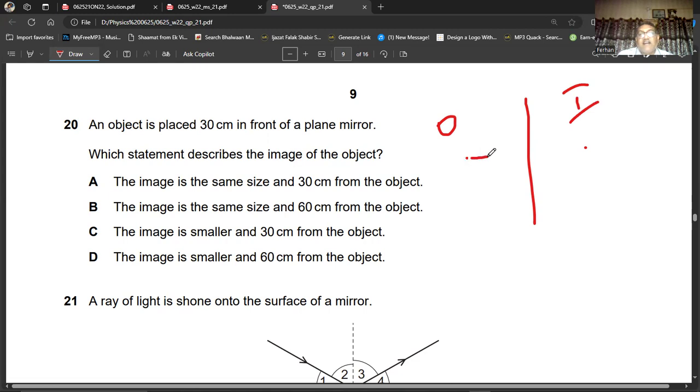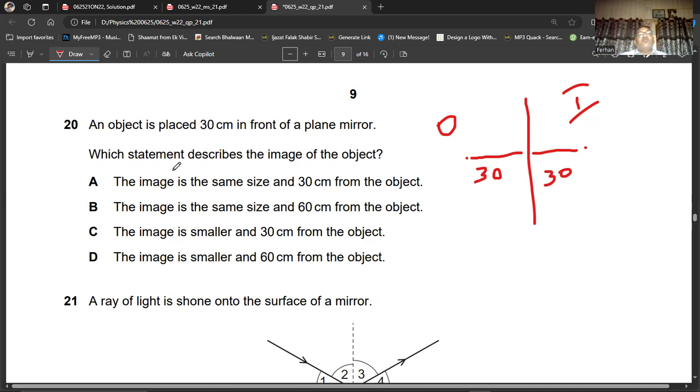If this is 30, then this will also be 30. So the image will be 30 centimeter behind the mirror, and the distance between the object and the image will be 60.